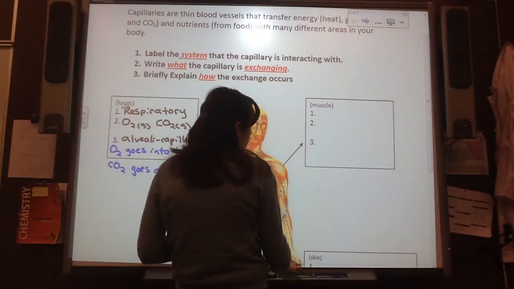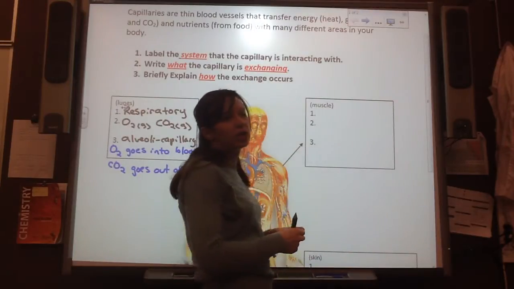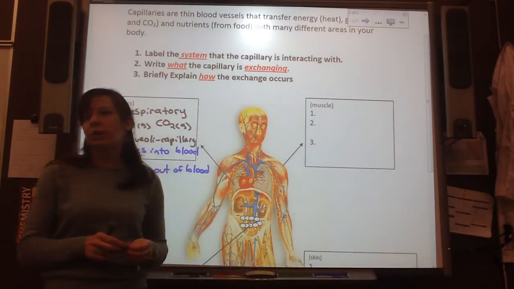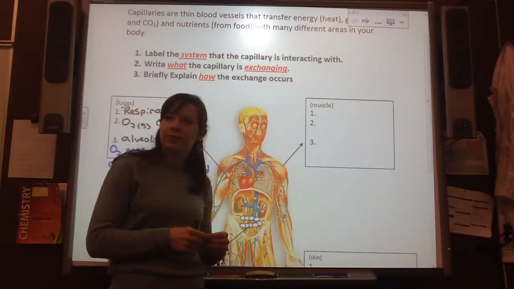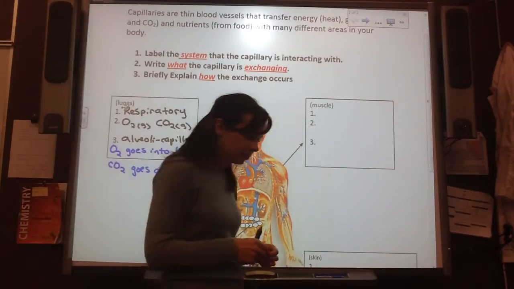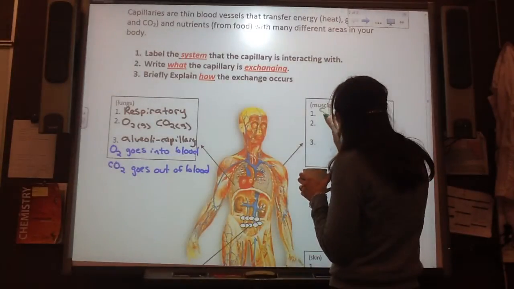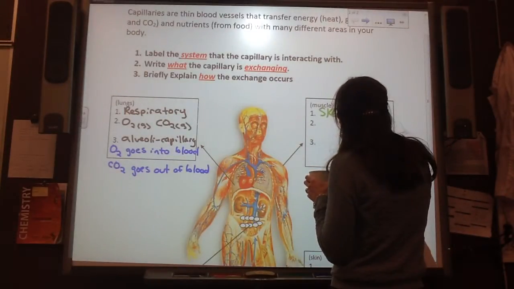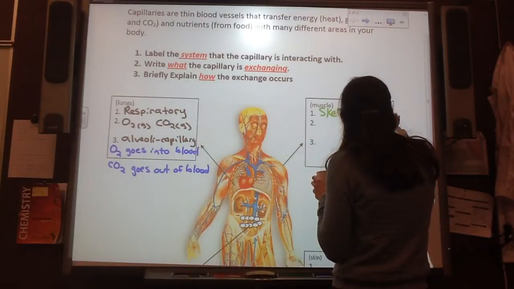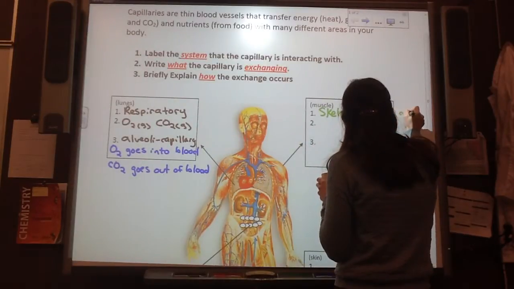So what system is it exchanging stuff with at the muscle? What system is a muscle part of? Skeletal, muscular system? Yeah. So let's put skeletal/muscular system.